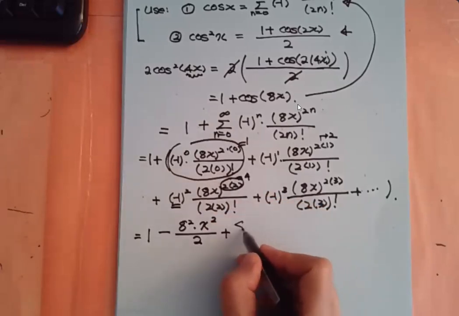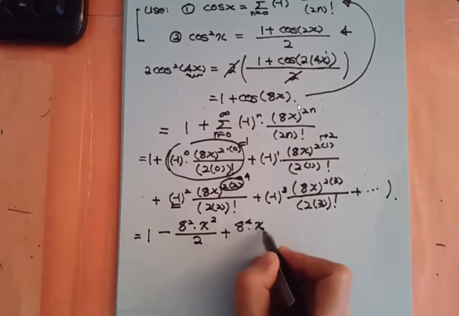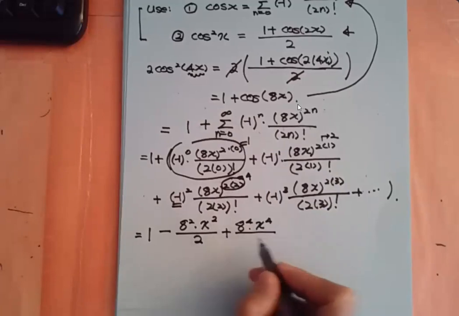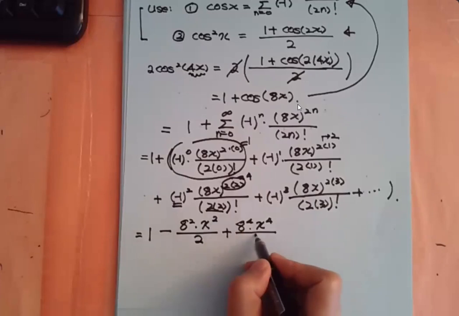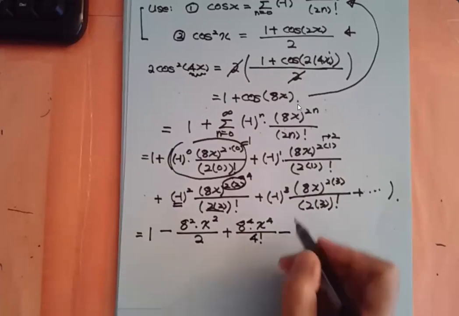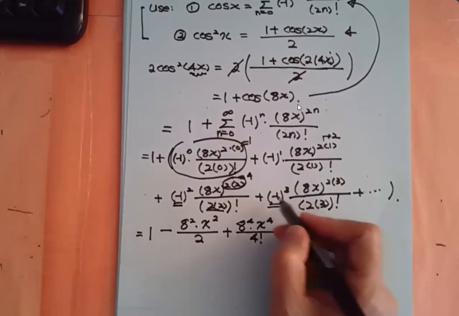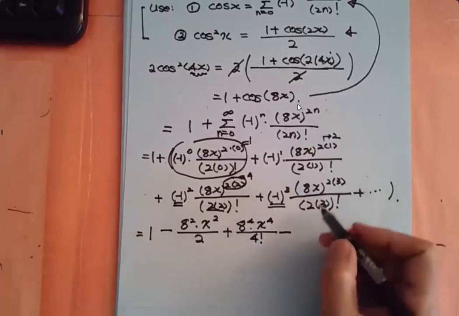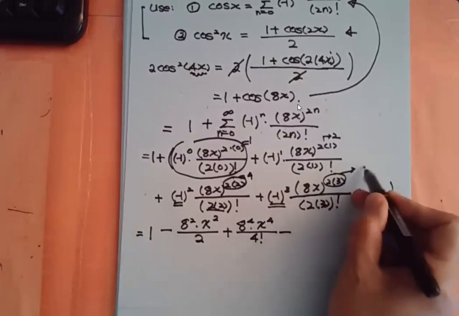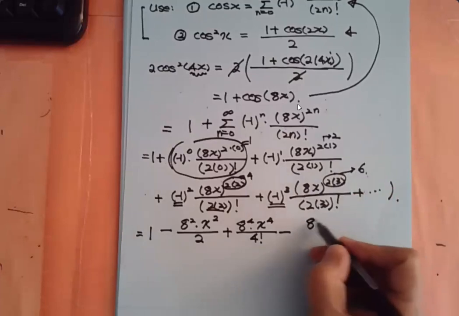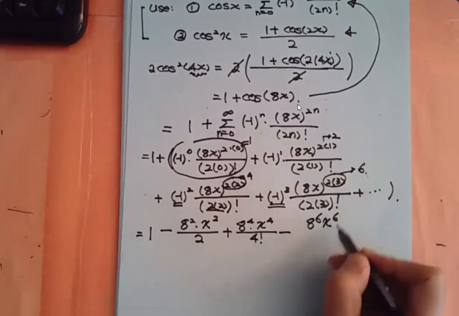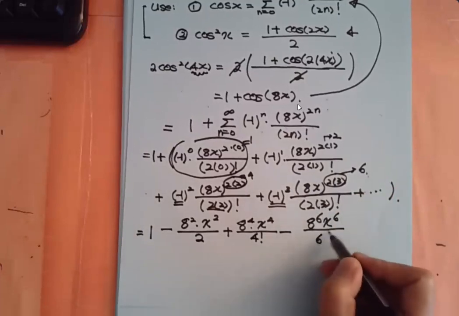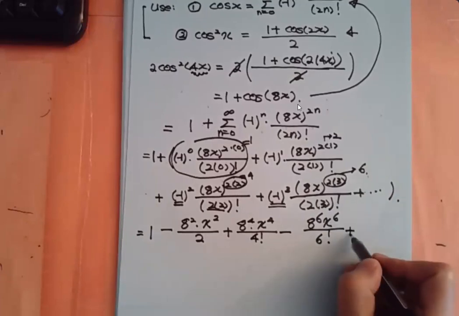So 8 to the 4th power times x to the 4th power over, this one is 4 factorial, minus this one is minus because negative 1 cubed, and then this one is 6. So 8 to the 6th power, x to the 6th power over 6 factorial plus, and so on.